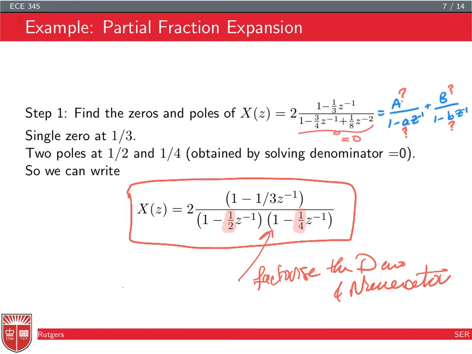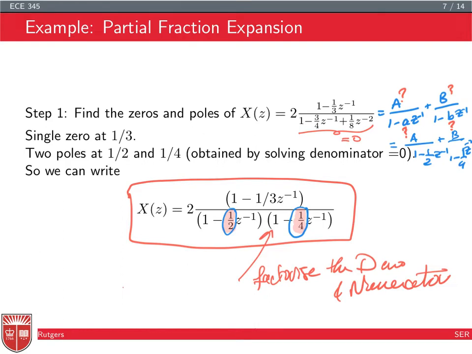So now I know that this is equal to capital A divided by 1 minus 1/2 z minus 1, because this is 1/2 here, plus capital B divided by 1 minus 1/4 z minus 1, because 1/4 is here.